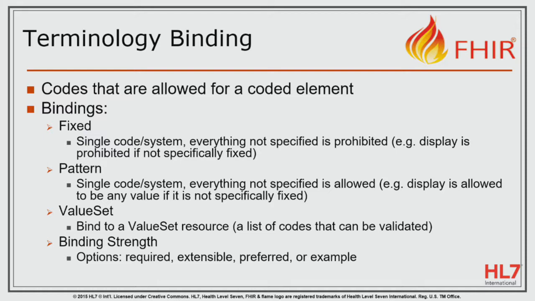The other place where we often use fixed, because the chances of there being other stuff around is slim, is you might say the sequence number of this needs to be 1. That prevents you from sending an extension on the sequence number, but realistically, not likely that anybody's ever going to do that.